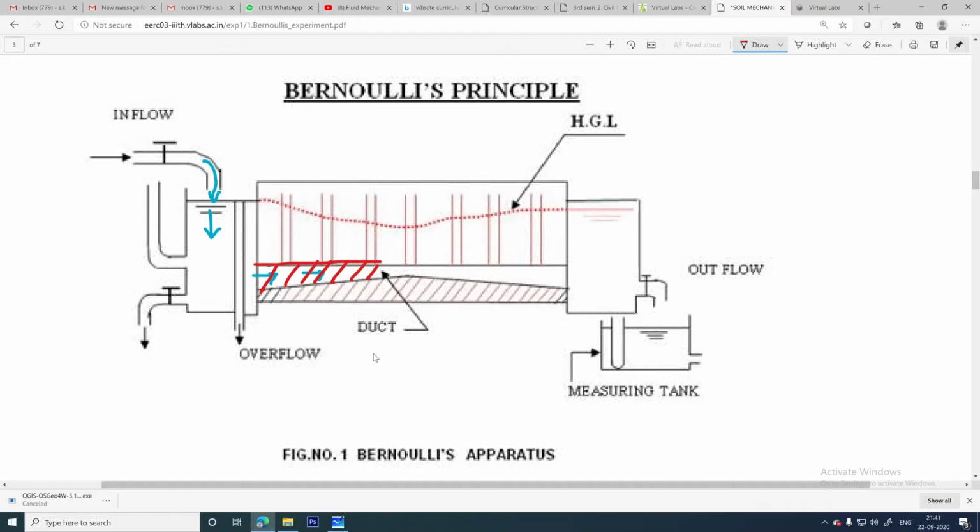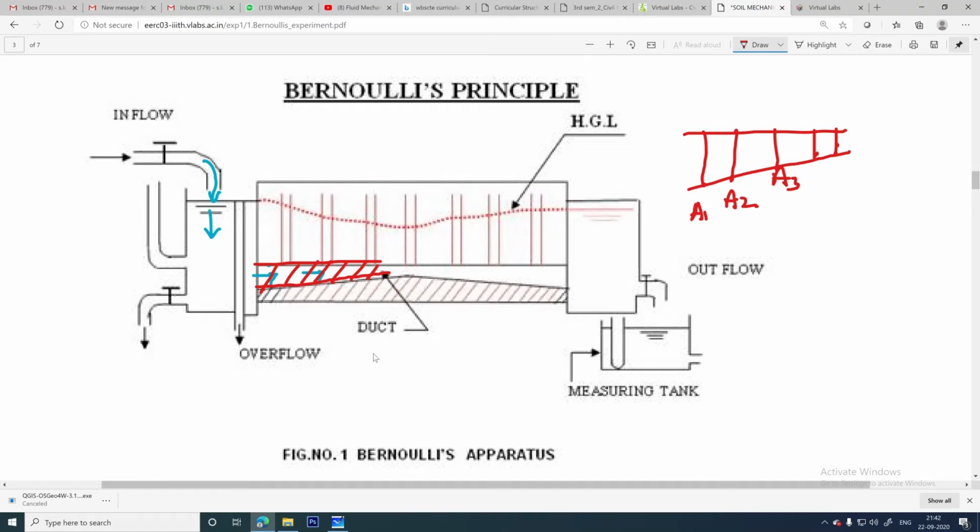It is something like this shape, if I draw it here. So for each portion we have a different cross section. Suppose here A1, here A2, here A3. For different sections we have different areas, and for different areas we have different velocities.